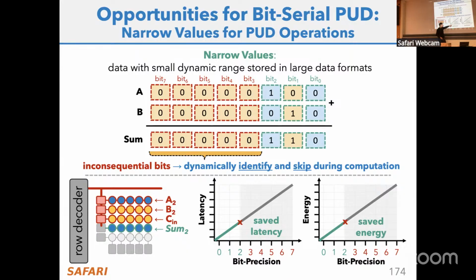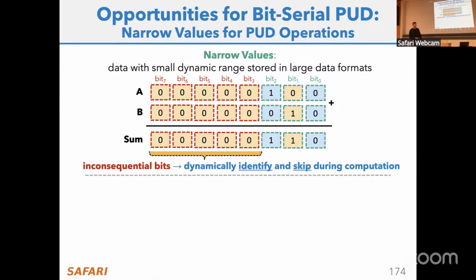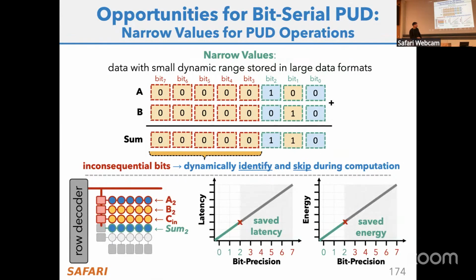And this allows me to save latency and save energy because I'm not issuing triple row activations or in-DRAM activations to rows that only contain zeros. This is the entire idea over here. The question is how you can identify those values prior to the execution, and we're going to get to that later.